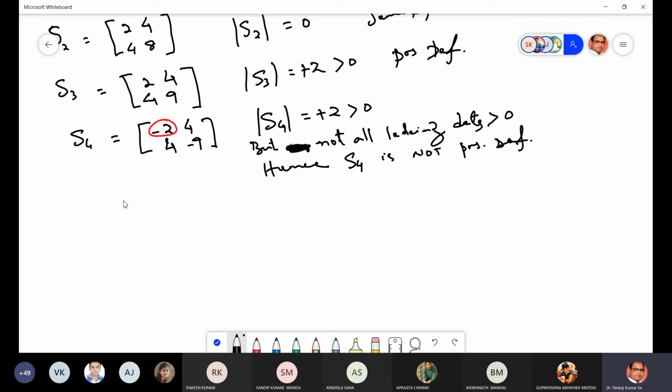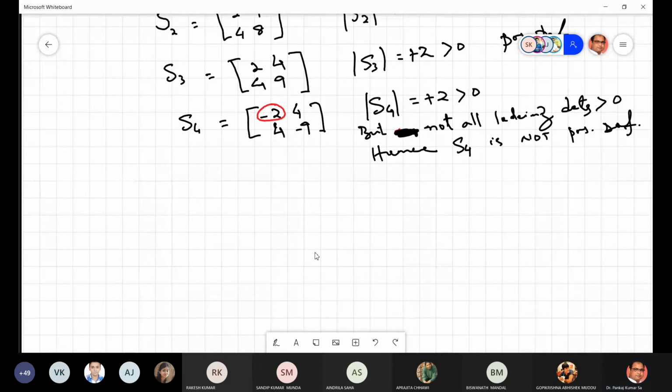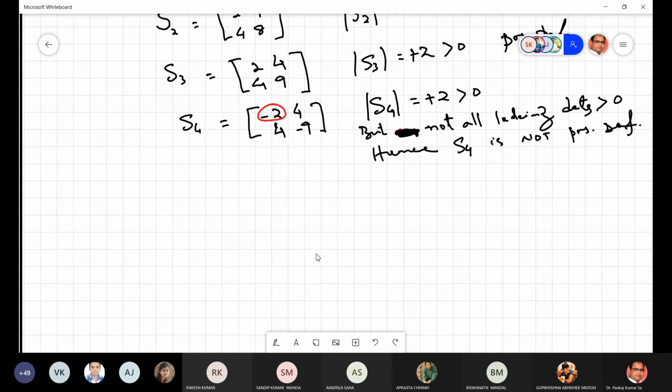Pivot element. Again, we'll talk about the pivot element as a test. Finding the pivot element is not new to you.